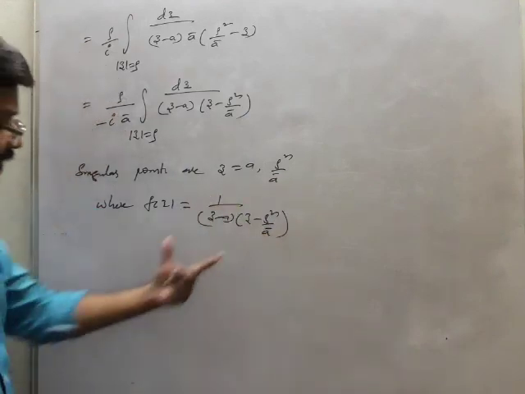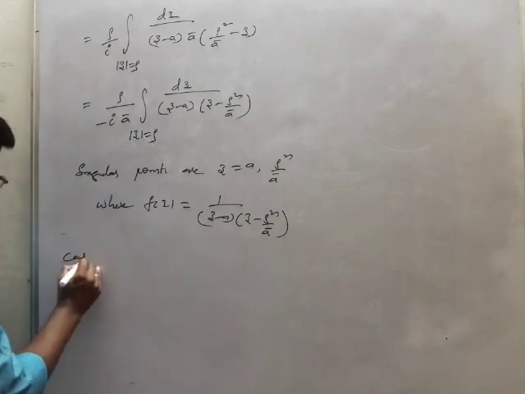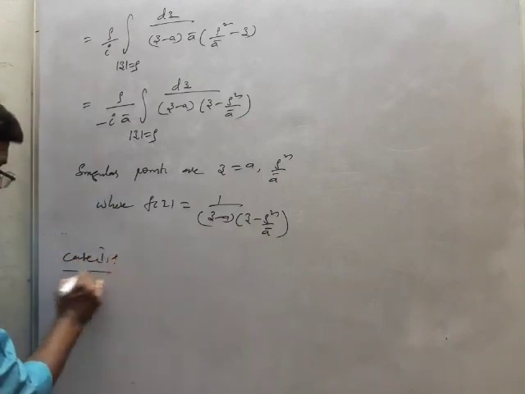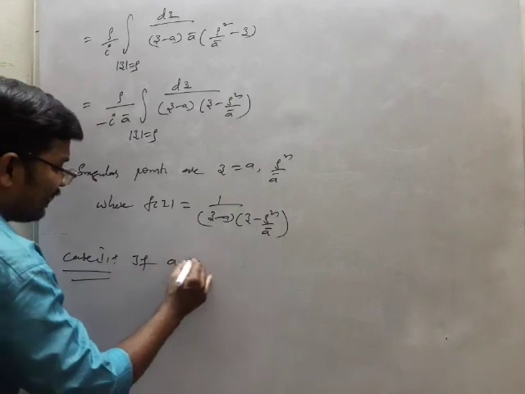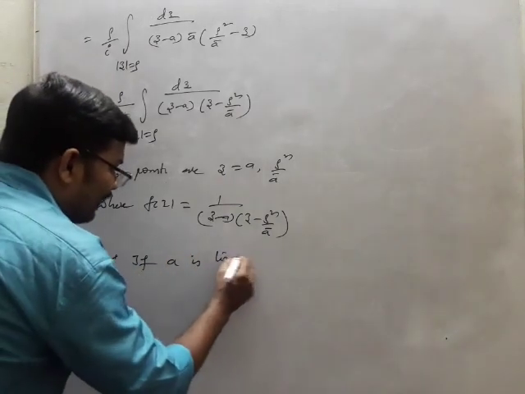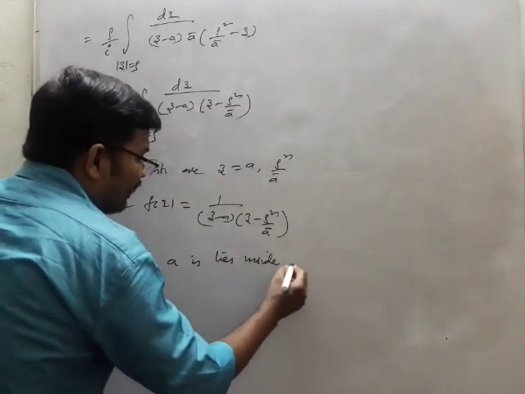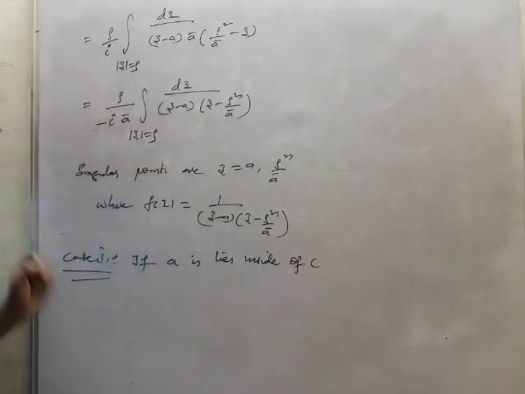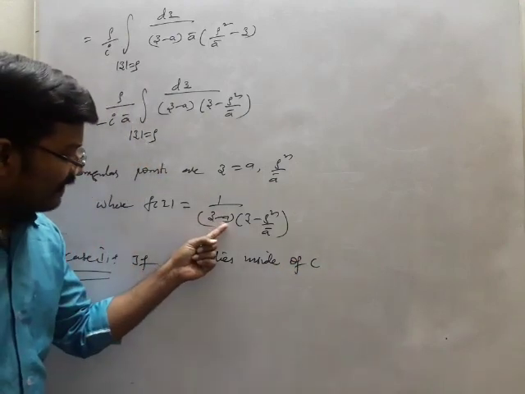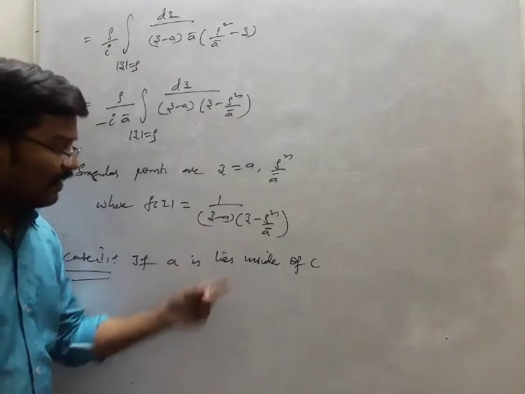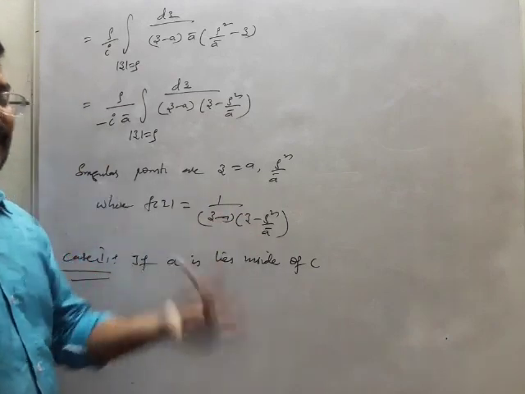Okay. Now case 1, if a lies inside of C, means this z equal to a is inside, but this becomes an outside.